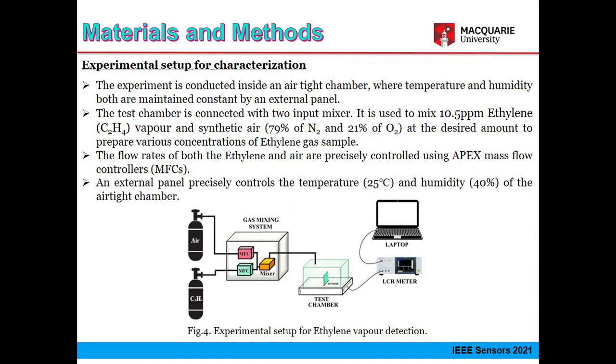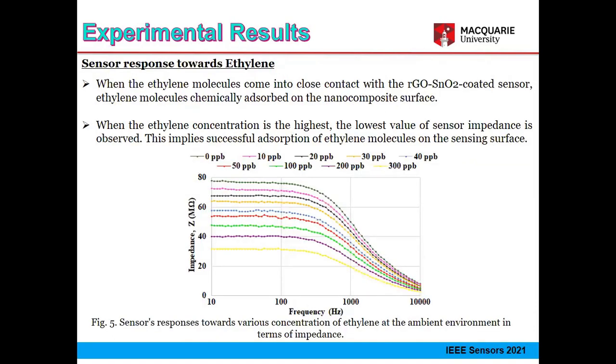There are 2 mixtures used to mix the synthetic air with the 10.5 ppm ethylene vapor at a desired amount to prepare various concentrations of ethylene gas samples. The concentration in the gas chamber is varied from 0 ppb to 300 ppb, and the sensor's response in terms of impedance, resistance, reactance, and phase angle is observed.